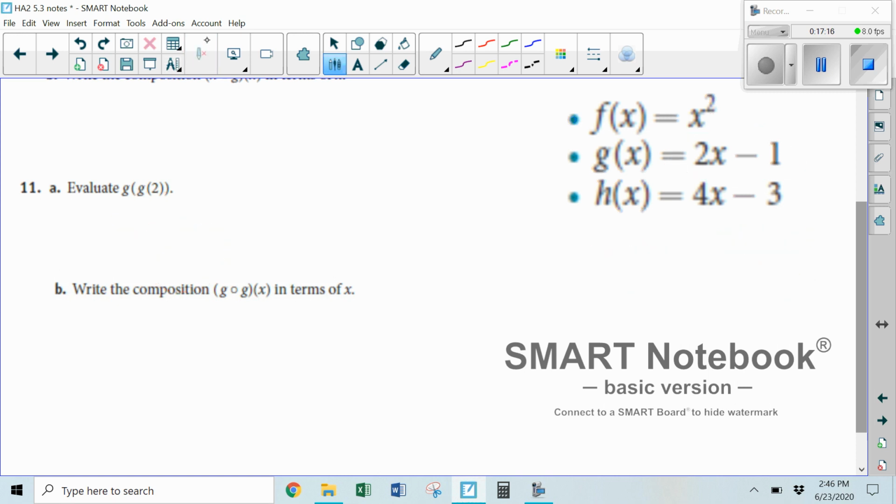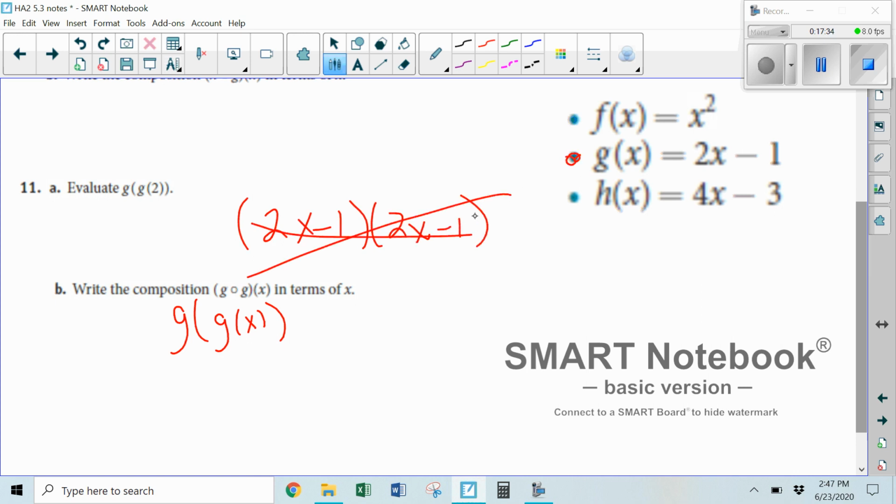Let's look at B. Write the composition g of g of x, which also may be written like this. Remember, this does not mean multiply. Multiply would be a tiny dot. We're not multiplying. We're not taking 2x minus 1 times 2x minus 1. That's not what we're doing.